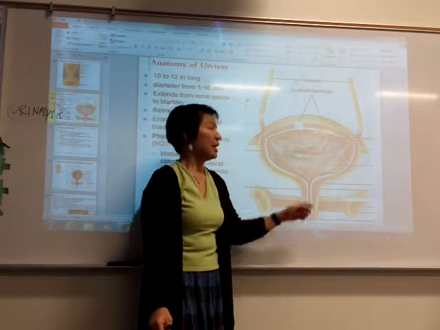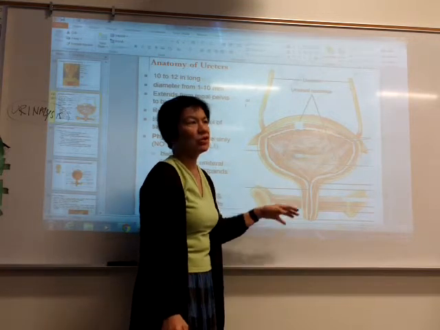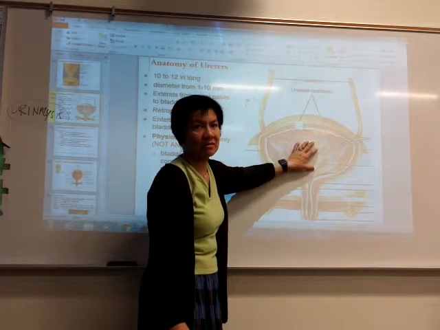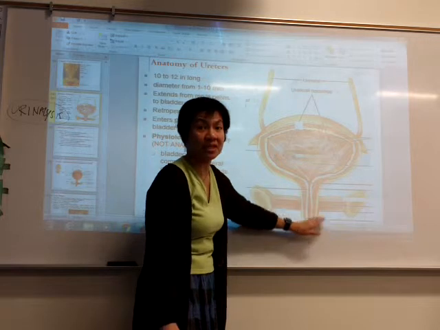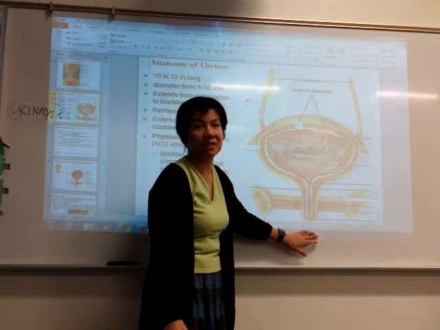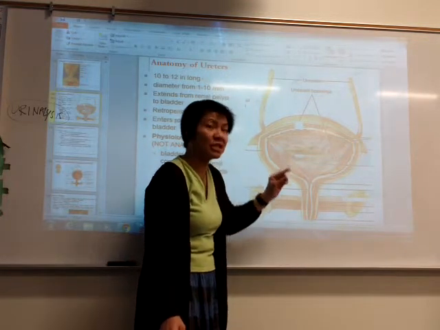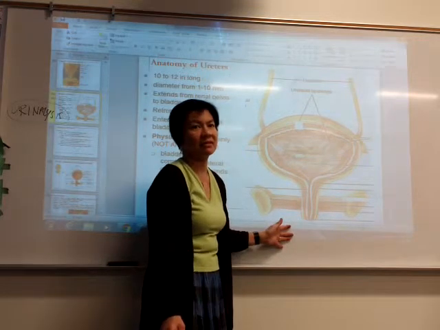Okay? So, can you imagine what we do? What's here is garbage, and this is very close to the openings right here. So it's very possible, especially with females. With males, they have a longer urethra, but females have a shorter urethra, closer to the bacteria here.